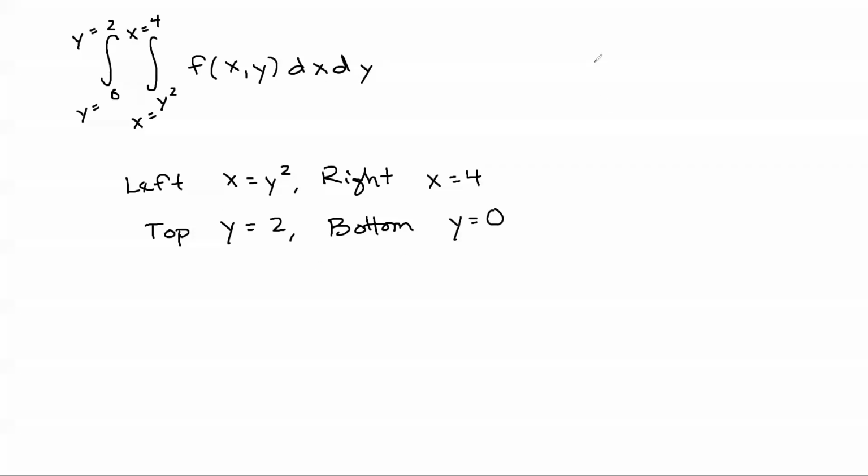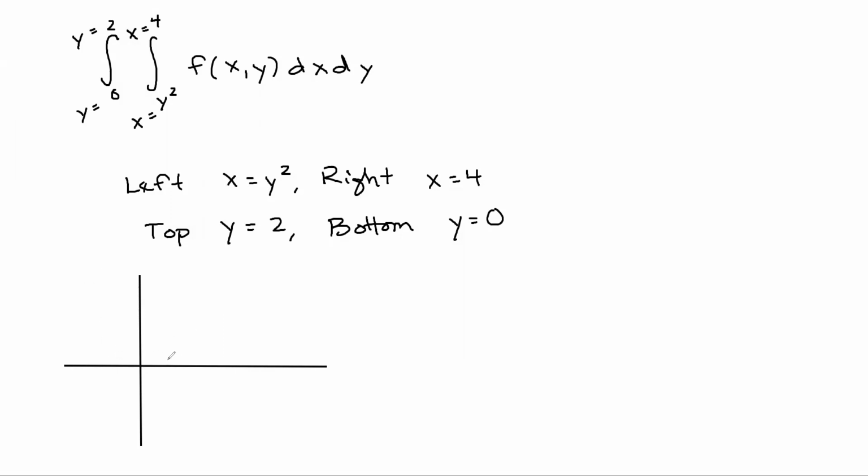All right, so once you've got all that, you want to go through and draw a picture. We have x equals y squared. If you don't remember how to graph x equals y squared, think about y equals x squared. You just reverse the variables to something you're more familiar with. So y equals x squared looks like this.